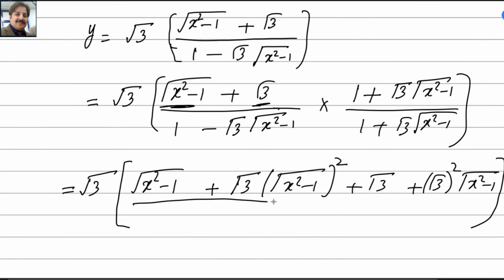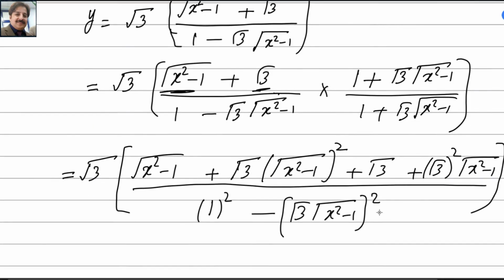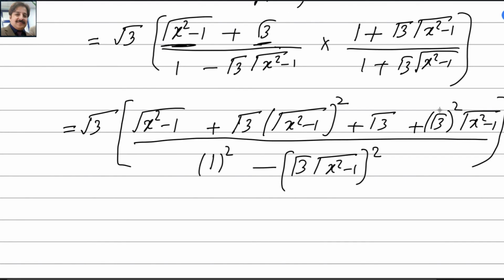And if you notice, in the denominator there is the formula a minus b, a plus b, then it will be the difference of two squares, like a square minus b square. So a is 1, we take the square of the first value, minus is of the formula, then the square of the second value. The second value is square root 3 times square root of x square minus 1. Then take the square of this value. Now we can cancel out square with square root, this square with square root, this square with square root.